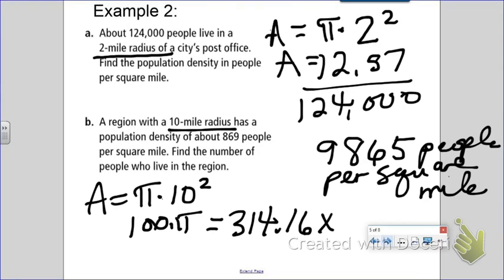We take that and multiply that by 869, and we get approximately 273,004 people.